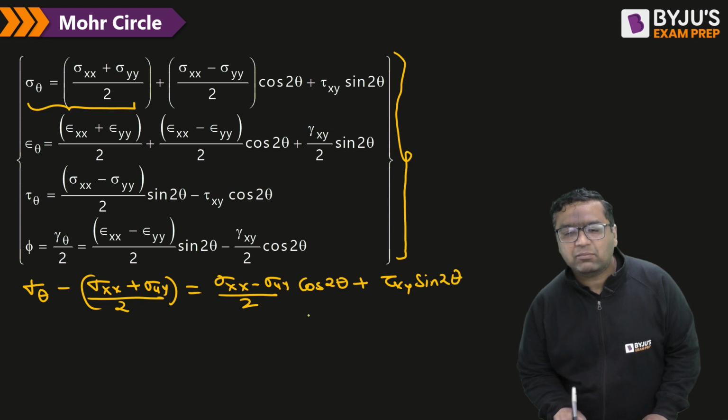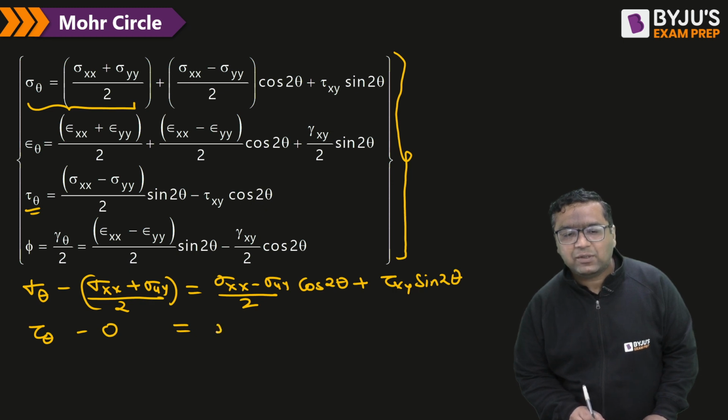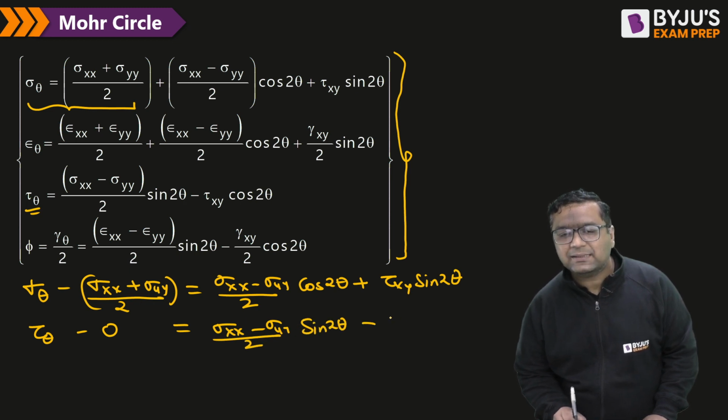This is equation number 1. And then I will choose this equation and write it as tau theta minus 0 equals (sigma xx minus sigma yy) by 2 sin 2 theta minus tau xy cos 2 theta.